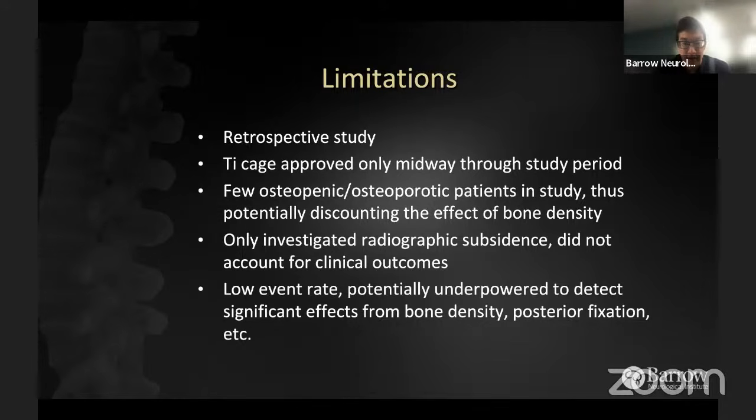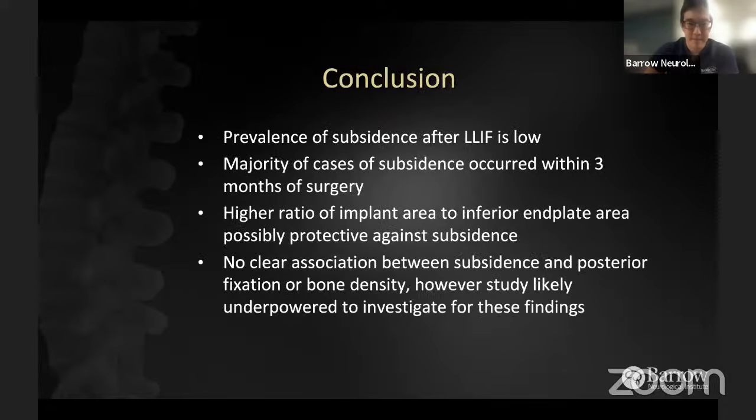We did not account for clinical outcomes, and the overall event rate was low. As I said, only 11 cases of subsidence. And so potentially there's a lack of power to detect effects from things like bone density and posterior fixation, which should ostensibly have an effect on rates of subsidence.